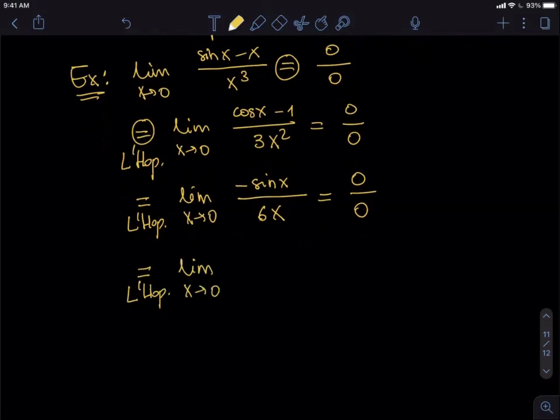Here, for as long as we get an indetermination of the types that we can apply L'Hopital, we just keep going. The derivative of the sine is the cosine, and then the derivative of 6x is 6. And here, the cosine of 0 is 1. So we get negative 1 over 6.